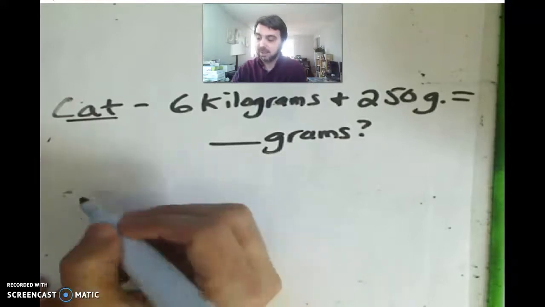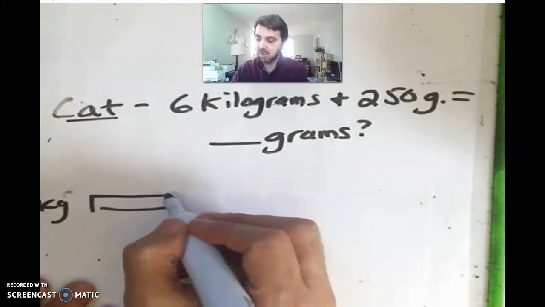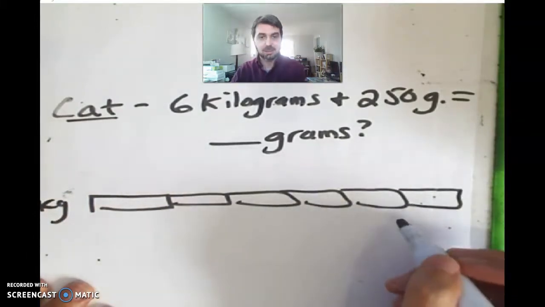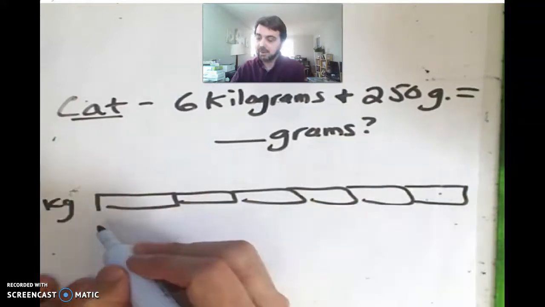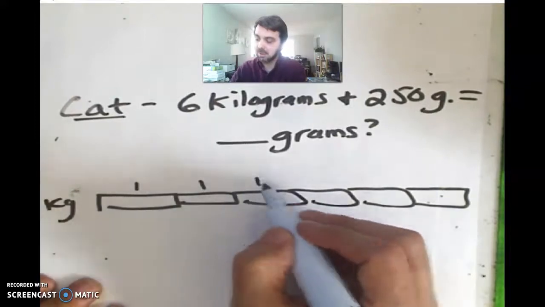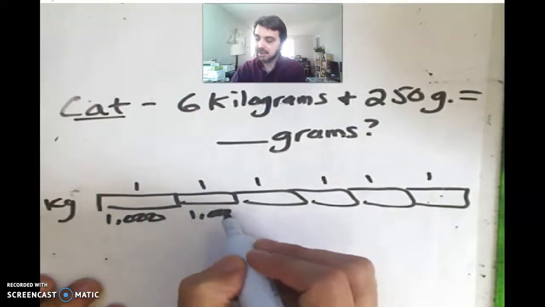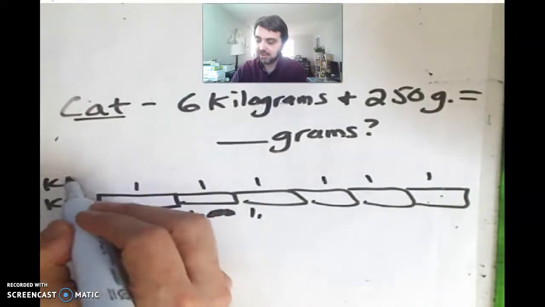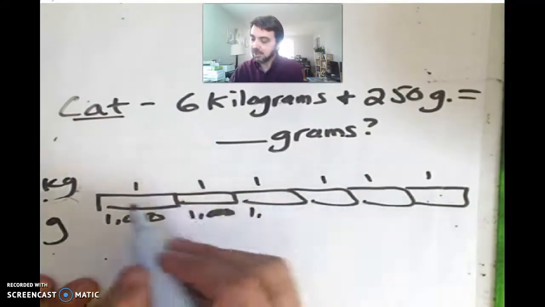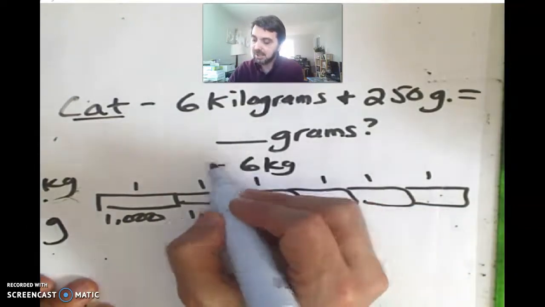So again, if we have 6 kilograms, so it's 1, 2, 3, 4, 5, 6. If you don't want to write it again, you could just do this. Each of these is a kilogram, which also means that each of these is 1,000. So if this is kilograms up here, we could put grams down here. 1,000, 1,000, 1,000. We have 6 kilograms up here.